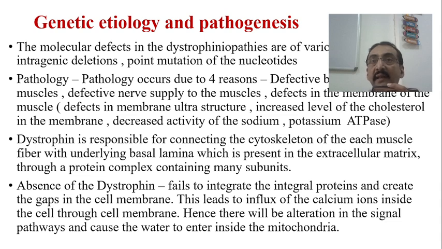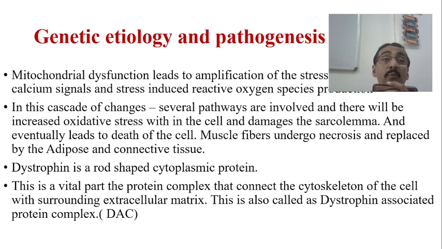If it is not maintained, that gap will be more, binding and connection will be less, and as a result, more and more calcium ions go inside the cell. Hence, there will be alteration in the signal pathways and water will enter inside the mitochondria. Now, mitochondrial dysfunction leads to amplification of the stress-induced cytosolic calcium signals and stress-induced reactive oxygen species production.